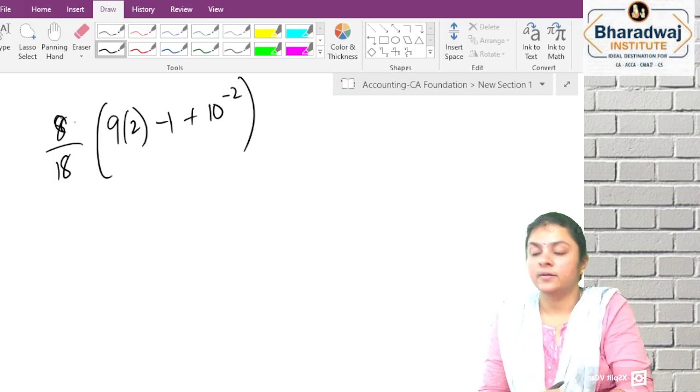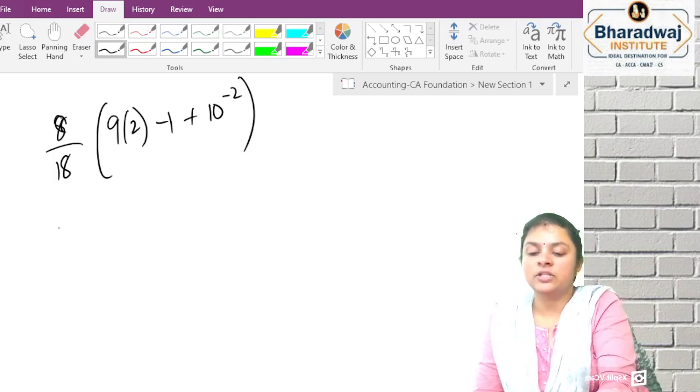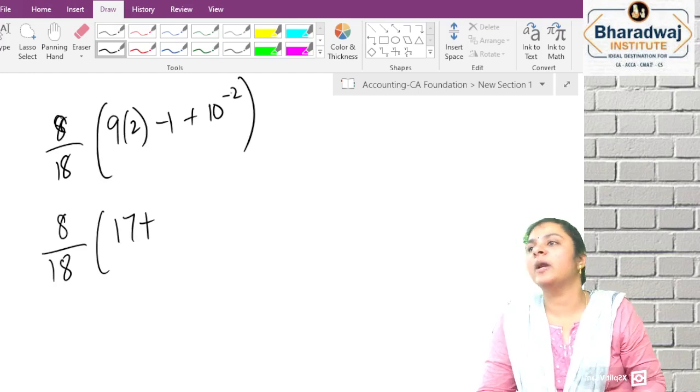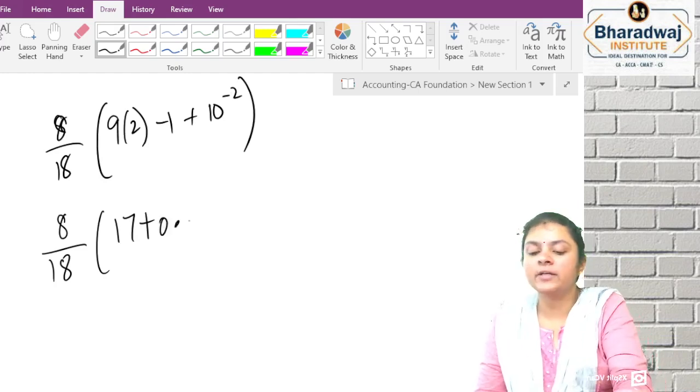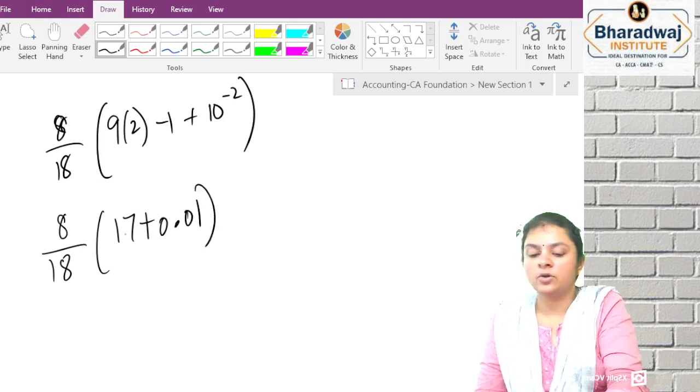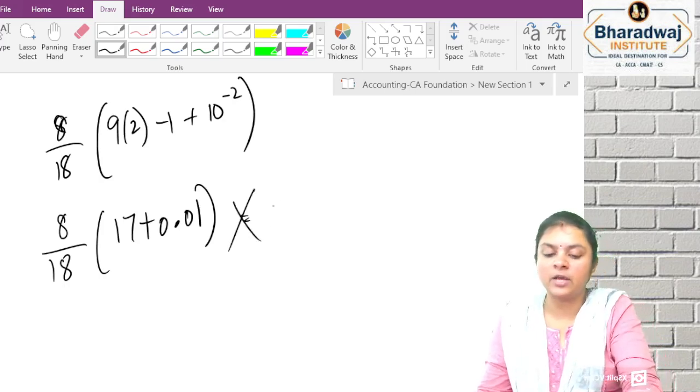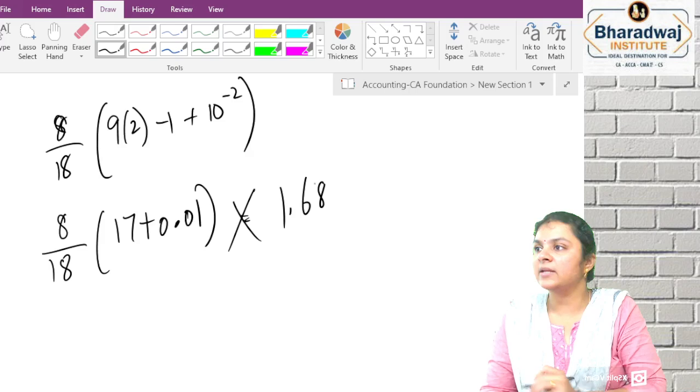If you do this, you will get 8 by 18 into 18 minus 1, 17, plus 10 power minus 2 is 1 by 100, which is 0.01. So 17.01 into 8 by 18 will not be equal to 1.68. So you can skip this.